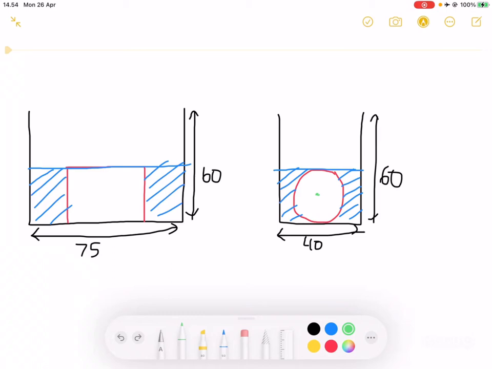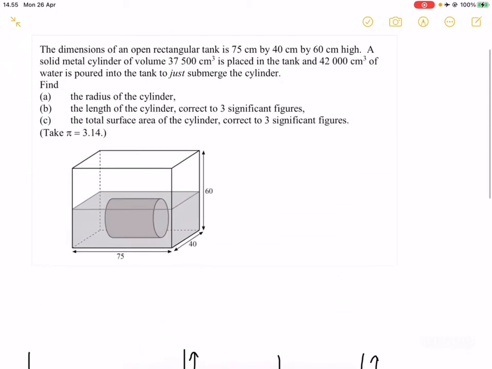So let me suppose the radius of the cylinder, which is this thing right here, be r, and therefore the diameter of the base of the circle will be 2r. And notice how this diameter is exactly the height of the water right here, and we can somehow relate this to the volume of both the water and the cylinder.